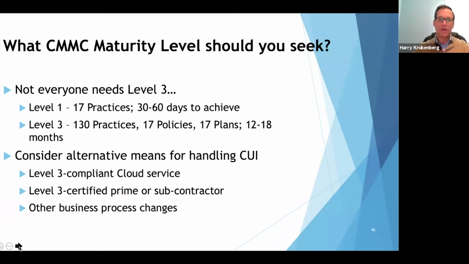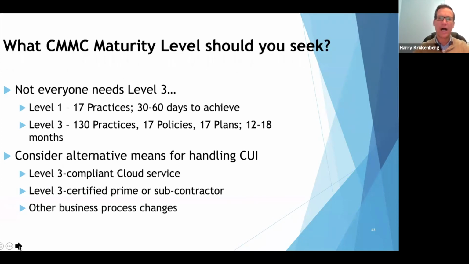So there are probably other ways to handle that, so that the information resides only on a level 3 compliant system, whether that's owned by that wholesaler subcontractor or someone else, so that the inspector logs into it, accesses the information through that system, performs their inspection, and is still compliant.